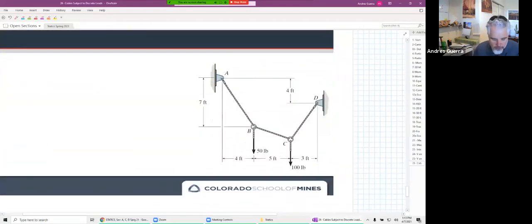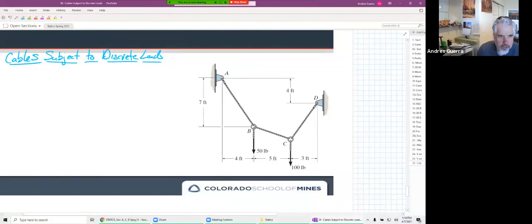So we'll jump into this example, but before we get into that example, let's write down a few key things, some of which we've talked about already. Let's finish our cables subject to discrete loads. We'll draw the picture that's off to the right here in a second.